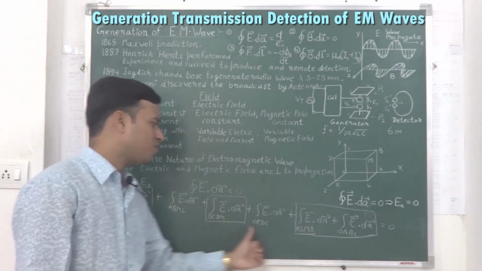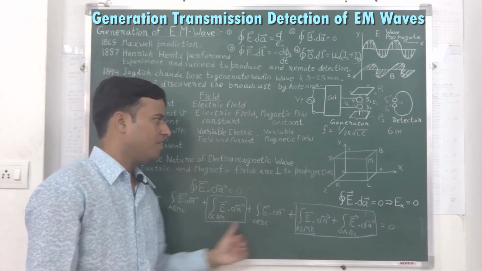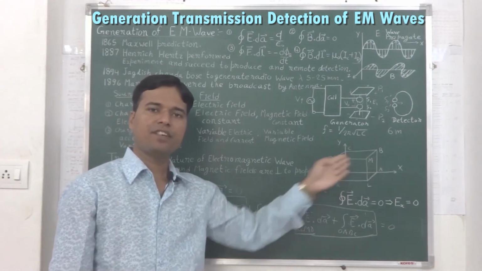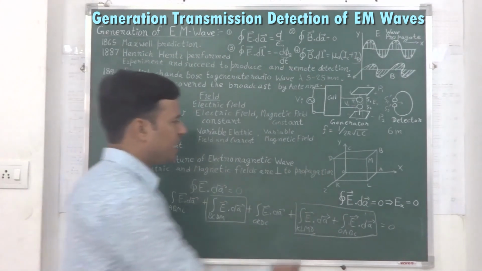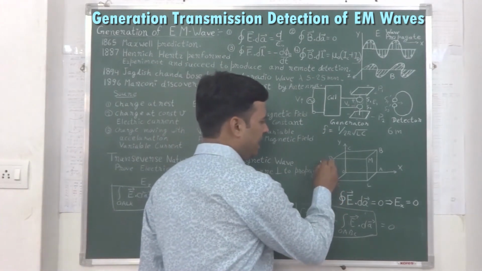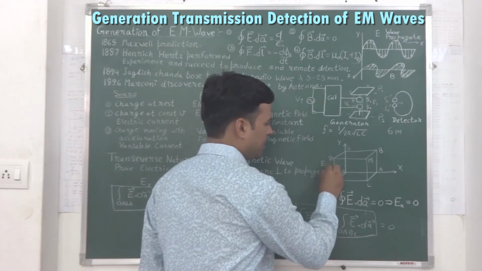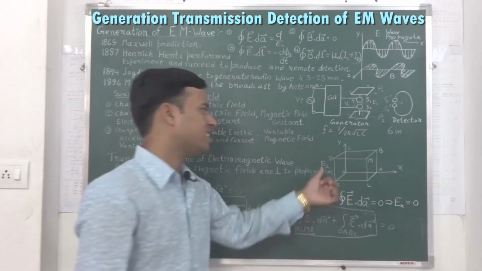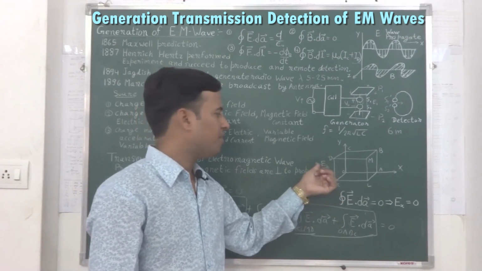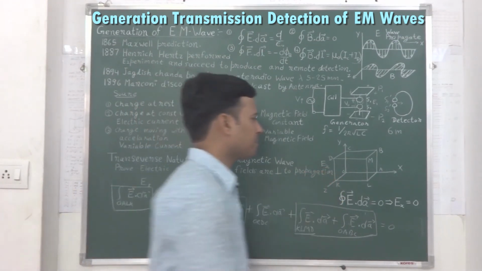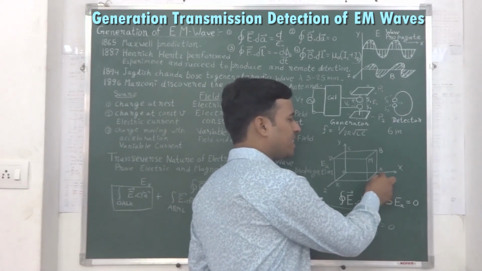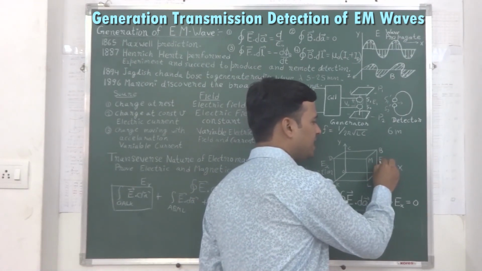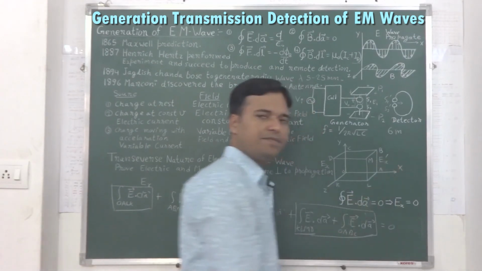Now only these two parts which are perpendicular to the x direction will remain here. We consider first the first surface OKDC. At this surface the electric field value is Ex, and at the second surface ABML the electric field value is Ex dash.